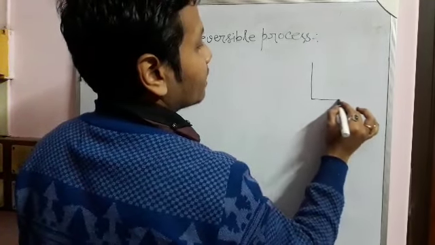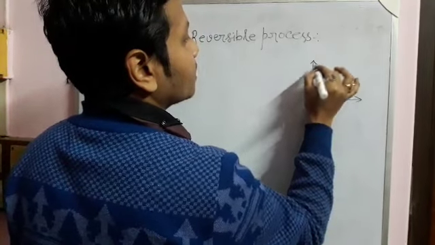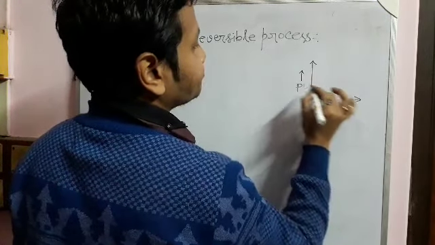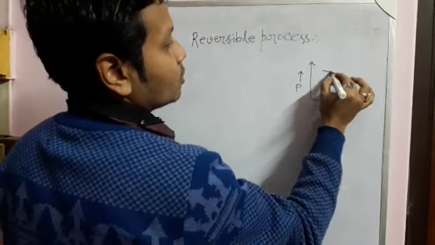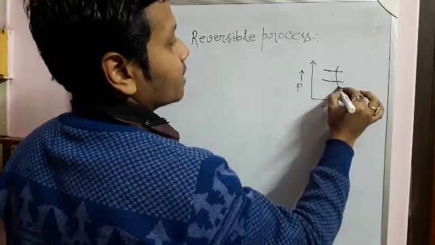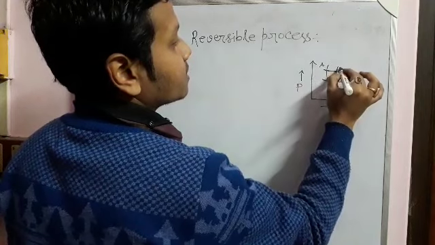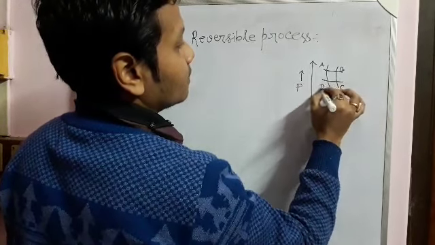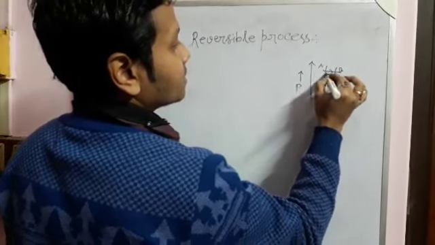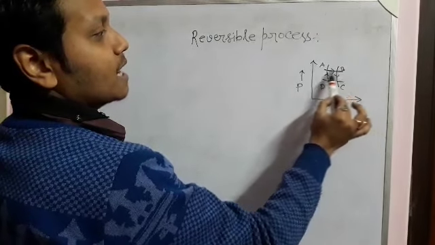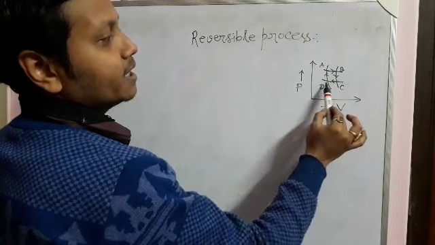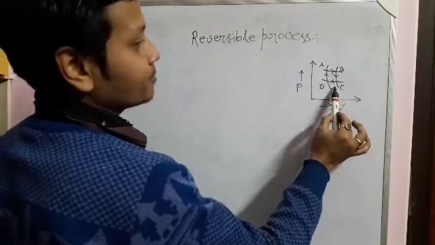So you take a PV diagram, and the best simple example is the Carnot cycle. You will understand it from this. In the Carnot cycle we have two successive expansions and compressions: along AB there is an isothermal expansion, and along CD there is an isothermal compression.